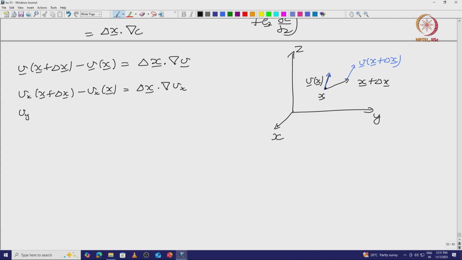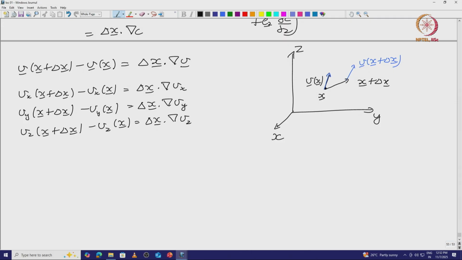Similarly, if you consider the components of the velocity as scalars, Vy at x plus delta x minus Vy at x is equal to delta x vector dot grad Vy, and similarly for Vz. If you multiply the first equation by Ex, the second by Ey, and the third by Ez, you get this vector equation for the difference in the velocity between two nearby points.